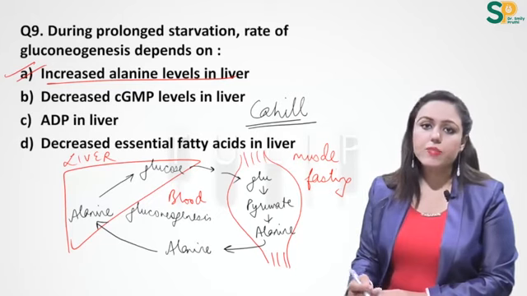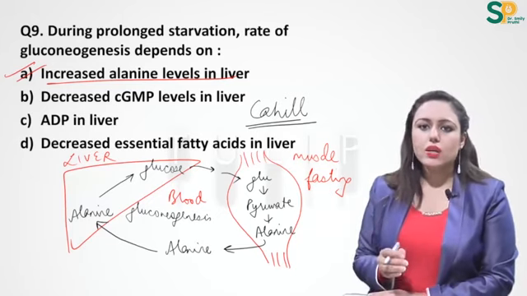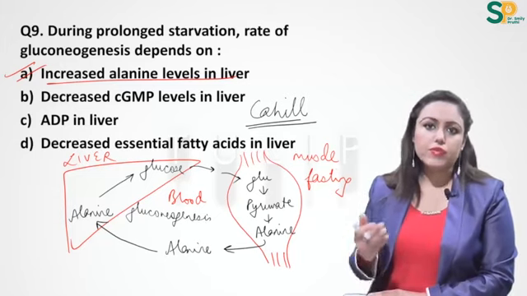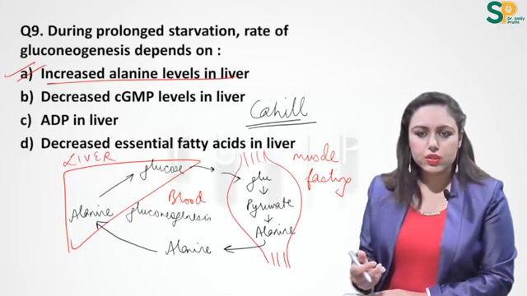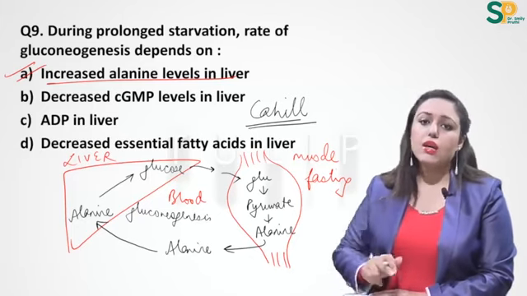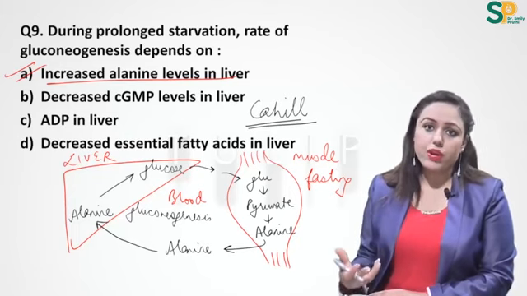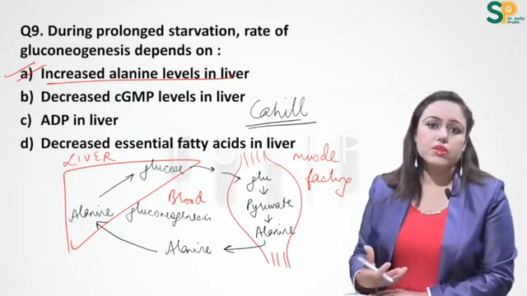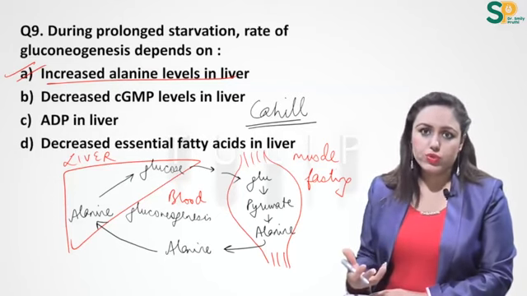Cahill cycle, C-A-H-I-L-L. You must also have heard of Cori's cycle. Cori's cycle is the glucose-lactate cycle, occurring in exercising muscles when anaerobic conditions are created. But the Cahill cycle occurs in fasting muscles, when the amino acid alanine is used for gluconeogenesis, that is, formation of glucose.